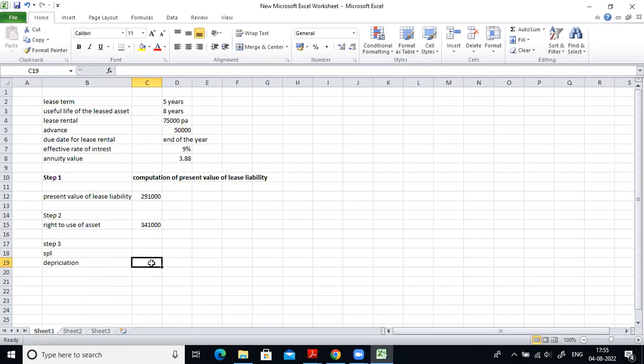Because the concept of lower of lease term or useful life of asset is not applicable if the lease agreement gives a right to the lessee to acquire the property at a price which is less than the market value. That is one exemption which can be considered. I hope it is clear.